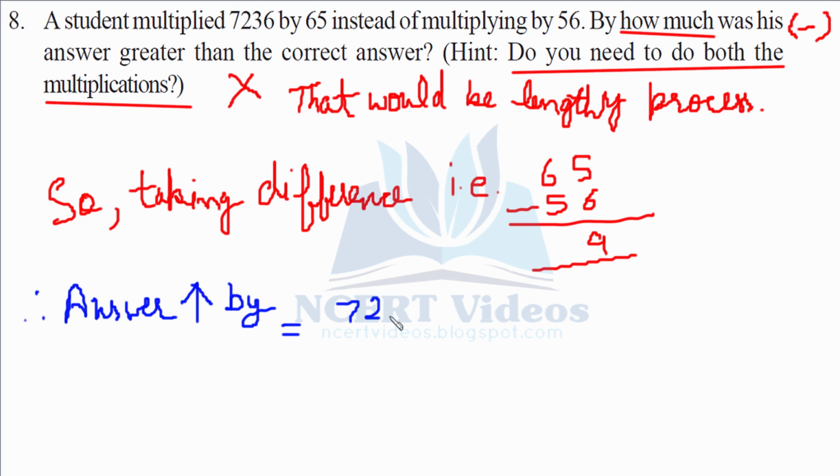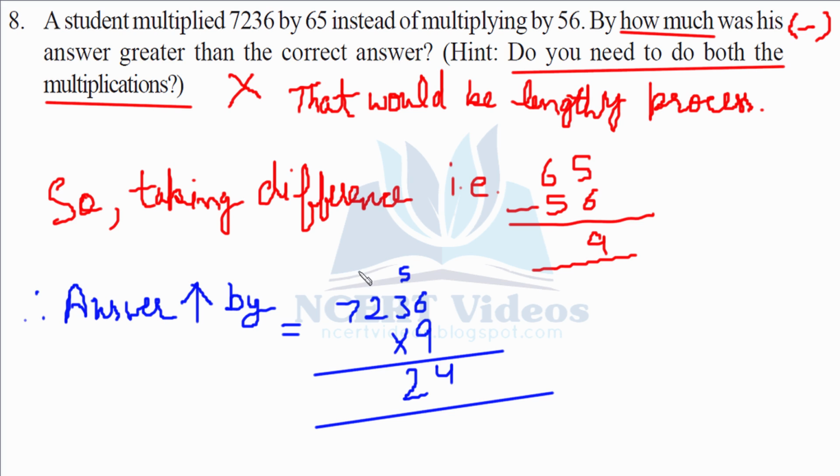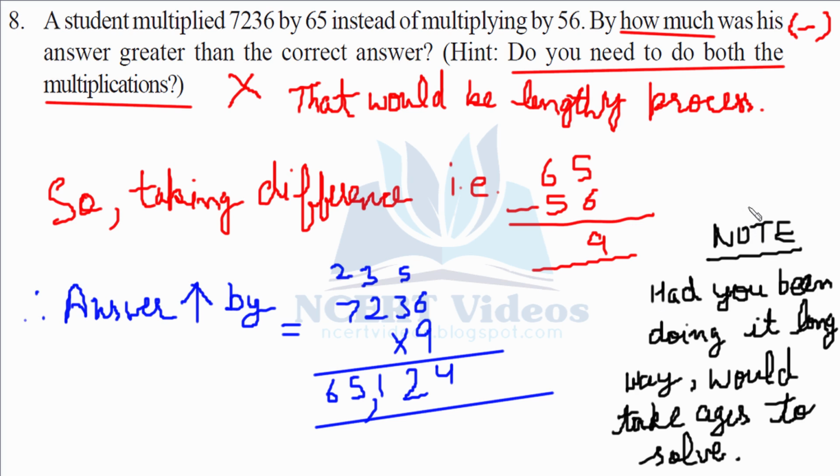Therefore answer greater by 7,236 multiplied with 9. So that gives you 6 9s are 54. That is 4, 5. 27 plus 5 gives you 32. 3 9s are 27, 2 and 65. So that gives you 65,124 is the difference. So note, had you been doing it the long way, it would have taken you ages to solve it, because then you would have multiplied with both the numbers.